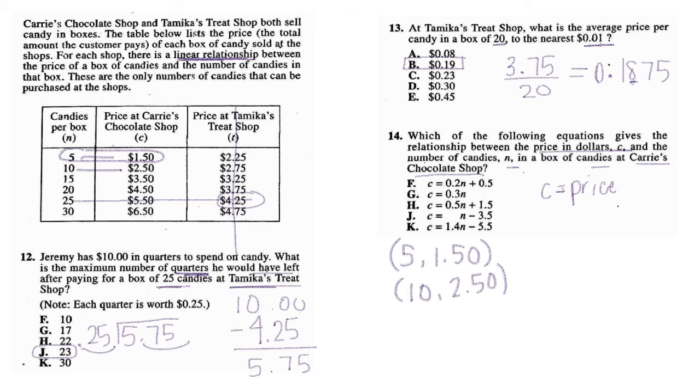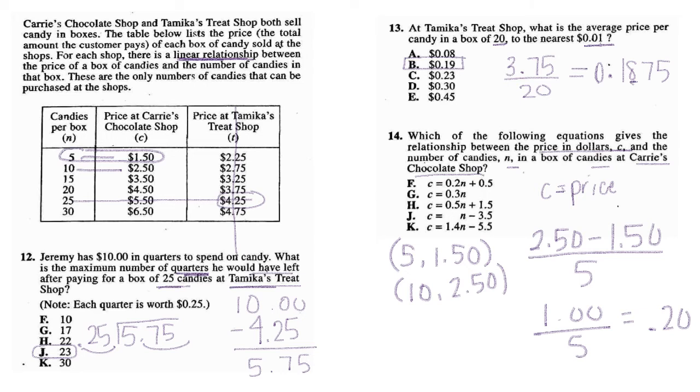For the rate of change, we would need to subtract what I would call our y coordinates, even though it's not really y here. We would say $2.50 minus $1.50, over 10 minus 5. So 250 minus 150, well, that's just $1, isn't it? Over 5, so that's going to give me 20 cents.